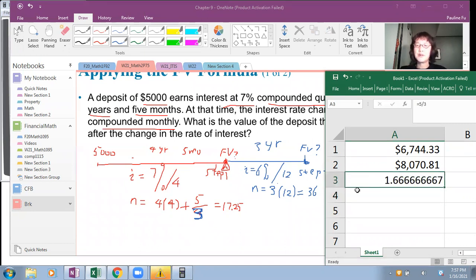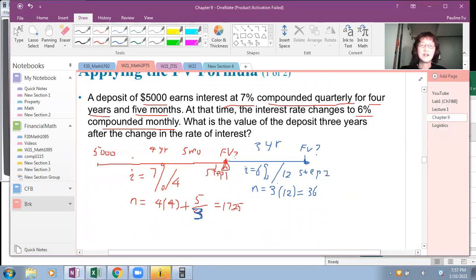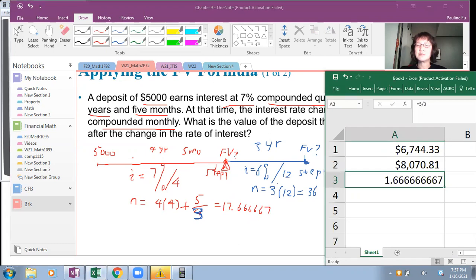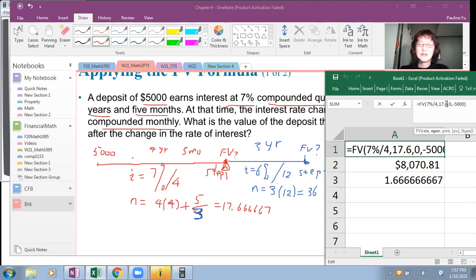So 1.666 plus 16. So this should be 17.6666666 repeating. Okay, so maybe enter this number as N. And now I will modify my Excel here. So I'll just change the term to 17.6666667.